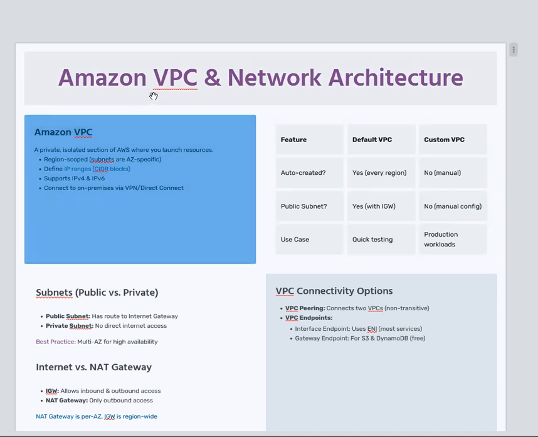So Amazon VPC is a private isolated section of AWS where you launch resources, right? VPC is a regional service. So if you create a VPC, you have to select a region to put it in. There are multiple reasons when selecting a region.